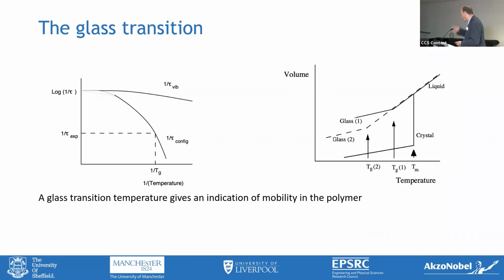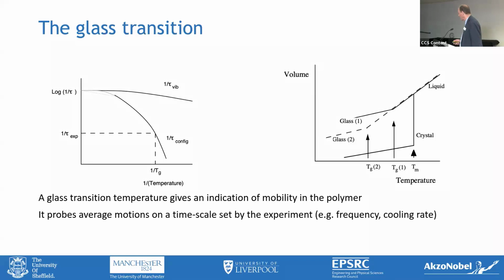As you know, classically in textbooks, the glass transition is seen as a dynamic transition, not a proper thermodynamic transition, but it shows up in second derivatives of free energy, as a discontinuity in slope of things like volume and enthalpy. It gives us an indication of mobility in the polymer.